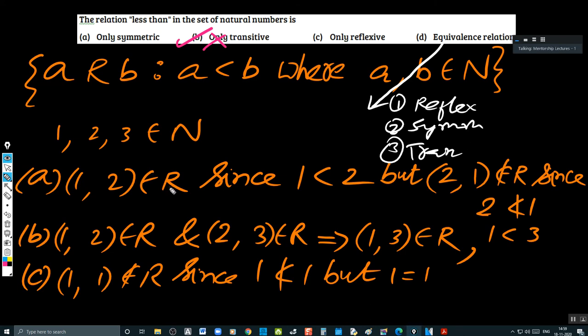So reflexive fails here, and of course it is transitive only. So what should be your answer? D. I'm removing this. Now it is only transitive. Is it clear?